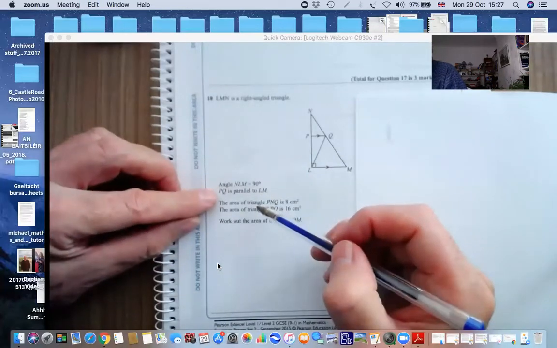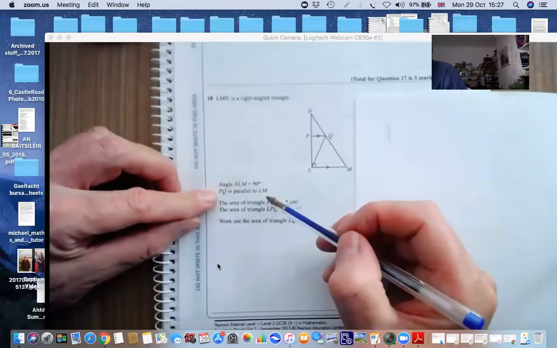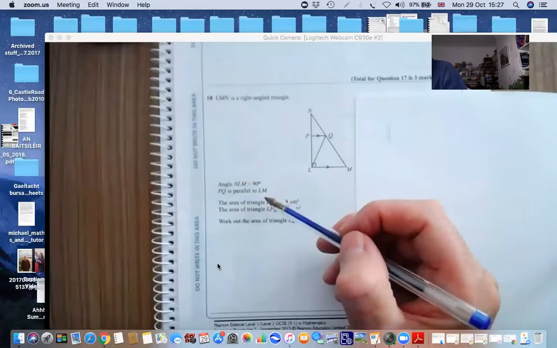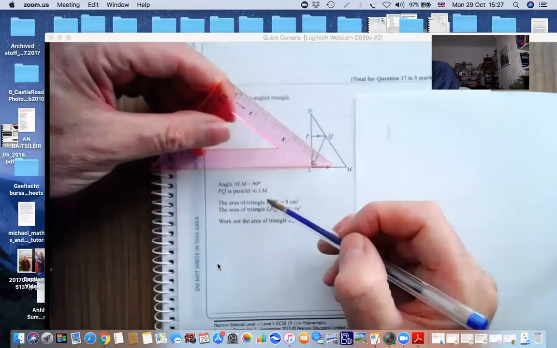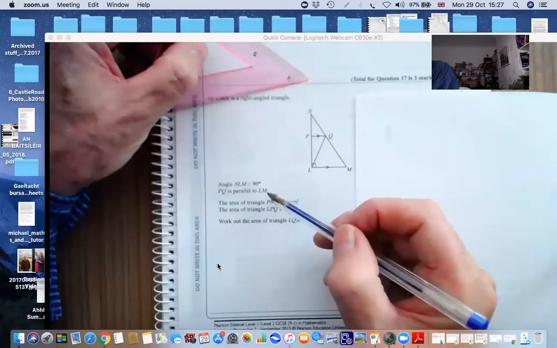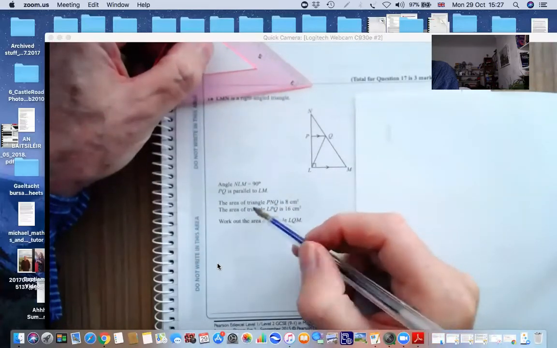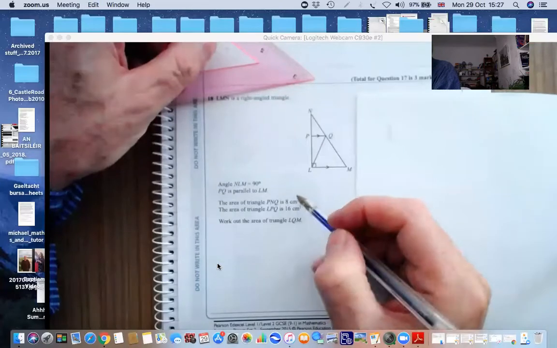Then he tells us PQ is parallel to LM. So line PQ up there, parallel to LM. So what is the significance of that? The area of triangle PNQ is 8.